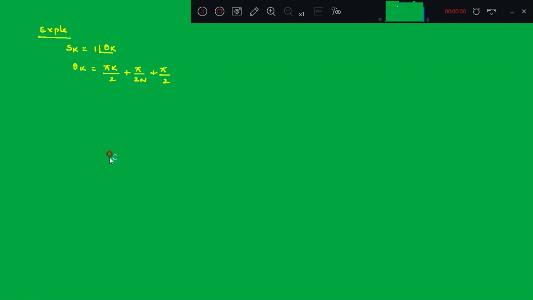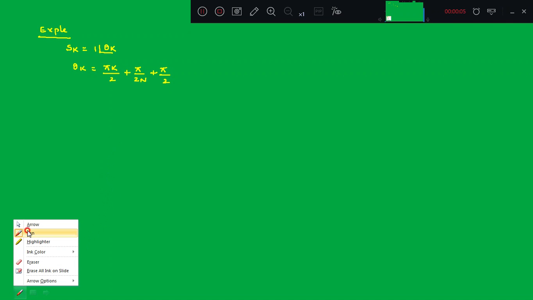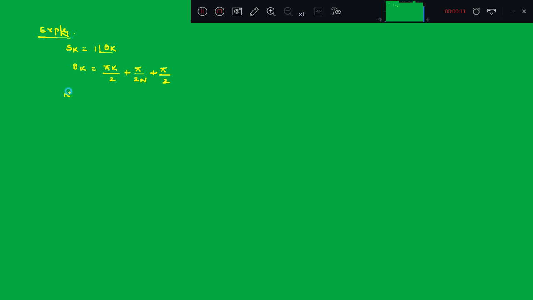For example, if n is equal to 2, that is for a second order filter, then k will vary from 0, 1 up to 2n minus 1.